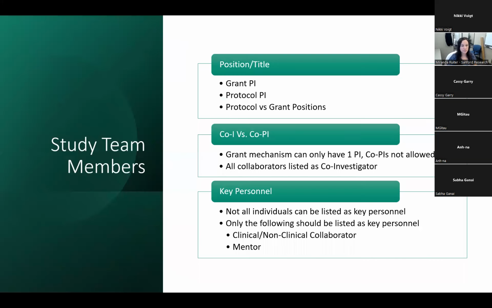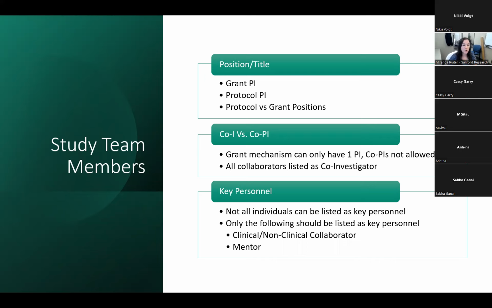Next slide, please. So going a little bit more into depth into your study team, the titles, who's considered key personnel. So position titles, as you work through the grant development process, you'll hear multiple different types of principal investigators. There's the grant PI. So that is the individual who is actually submitting that grant application. They're the one comprising it and then going to be given that award.